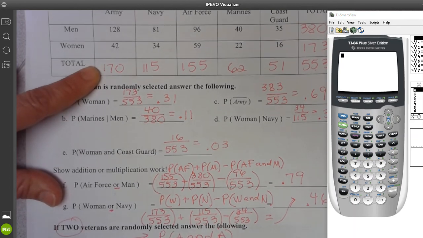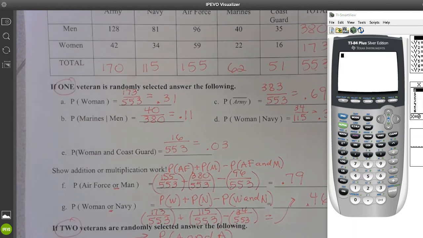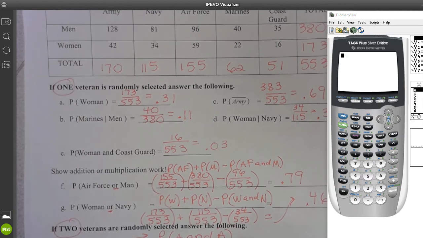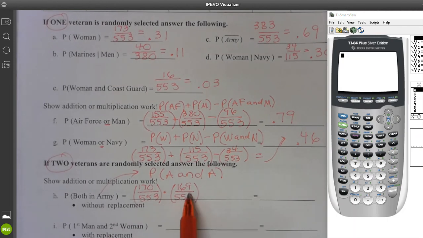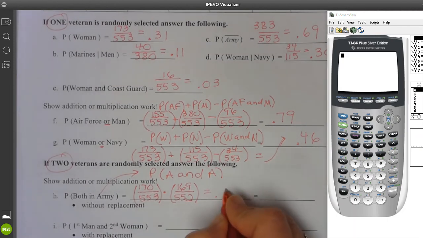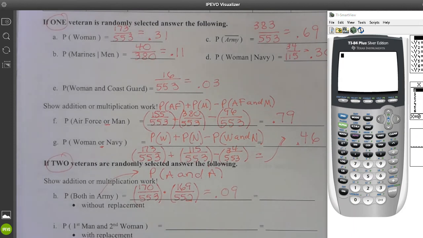So now we only have 552 people to choose from, and there's only 169 left that are in the Army because we already chose one of them. So this is multiplication. Multiplying these 2 fractions together, we get 0.09.